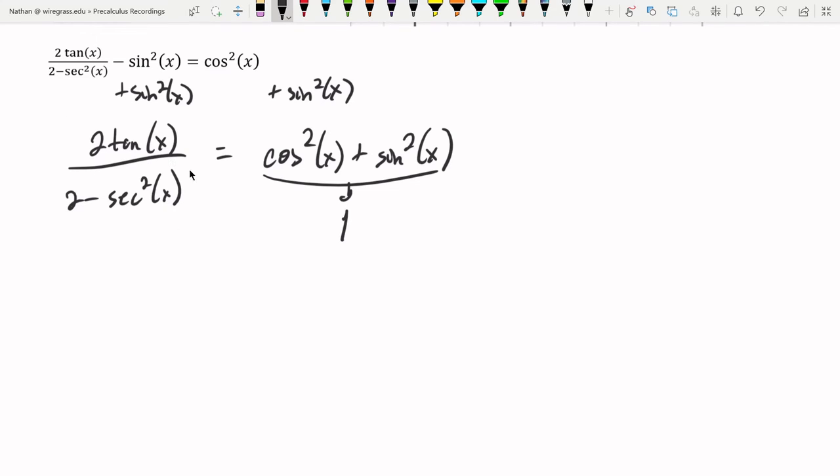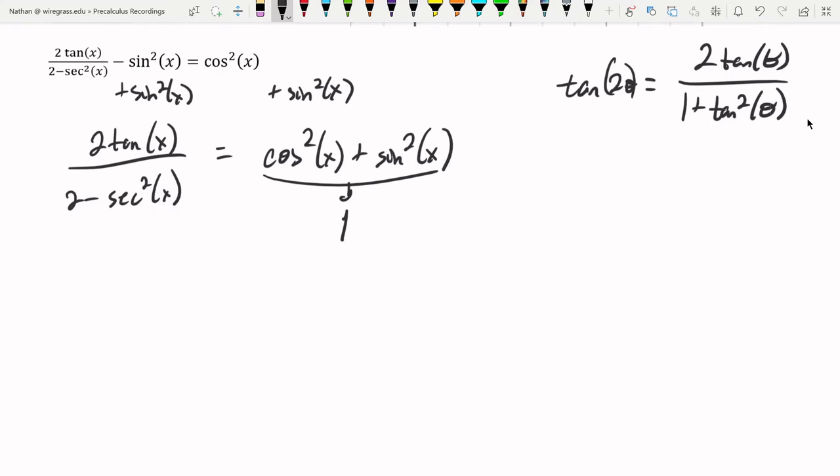This one is also kind of familiar. It's not quite there, but to me it looks like the double angle formula, which says tangent of 2 theta equals 2 tangent theta over 1 minus tangent squared theta.